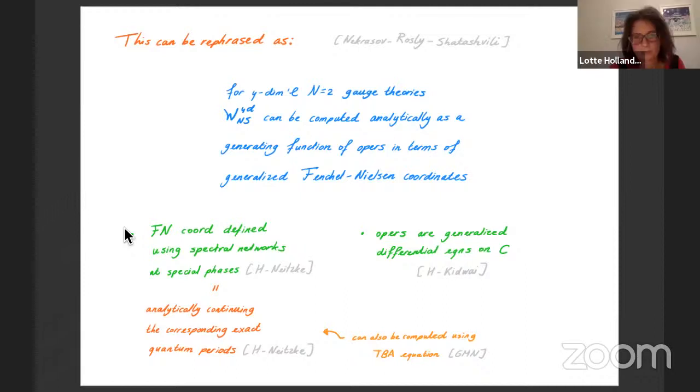Yes. So using the technology of spectral networks and abelianization, you can find a generalization of Fenchel-Nielsen coordinates for those networks as well.